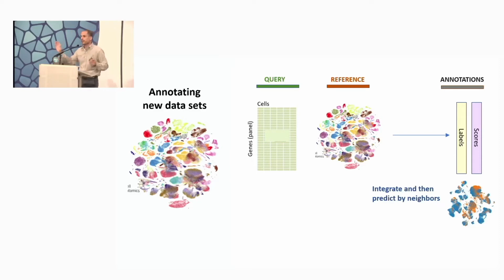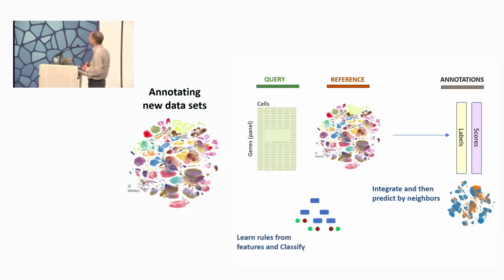There are many different approaches to this problem, but by and large, 2 of the most prevalent approaches are these. One is to integrate the 2 data sets together, put them on the same space, and then make predictions based on who the neighbors of an unannotated cell are, which are its annotated neighbors. Another approach is to build classifiers, using more classical machine learning tools, using features to train a machine like a random forest or other approaches, and use that to make predictions.